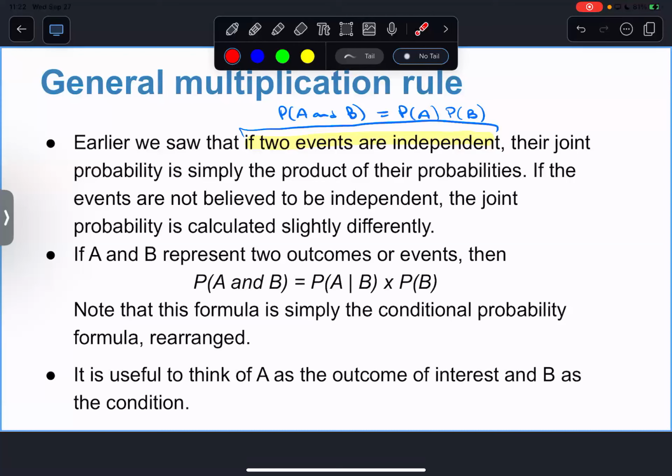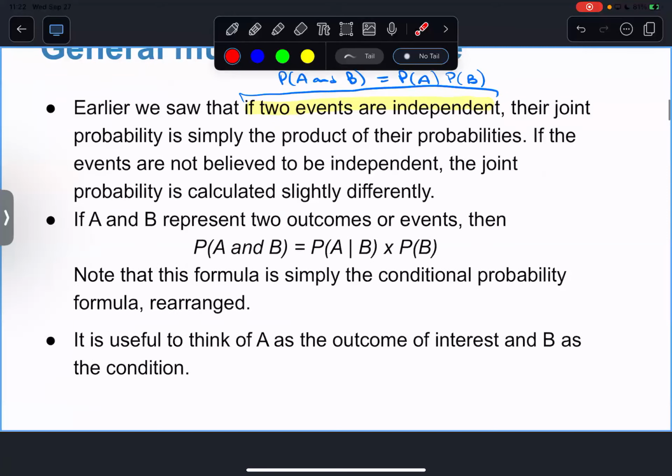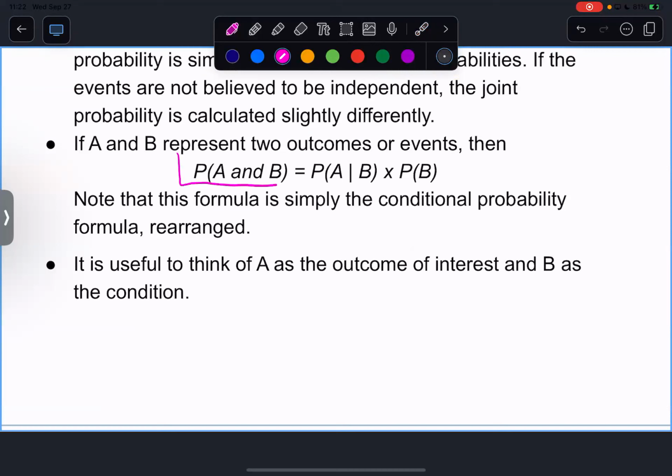Because what do we have to be really careful of? Well, what if these are not independent anymore, right? Then one's going to be conditional on the other, right? And so what happens is that if we want the probability of A and B, and I'll highlight this in pink here, we need to find the probability of A given B times the probability of B. What's that assuming?